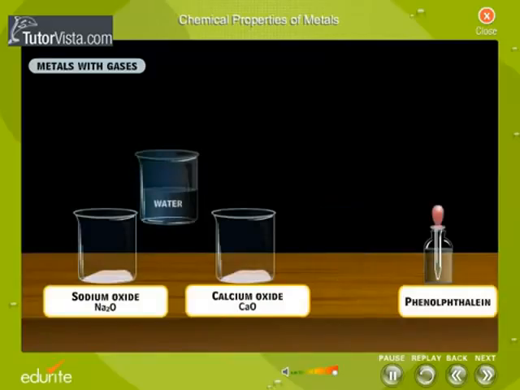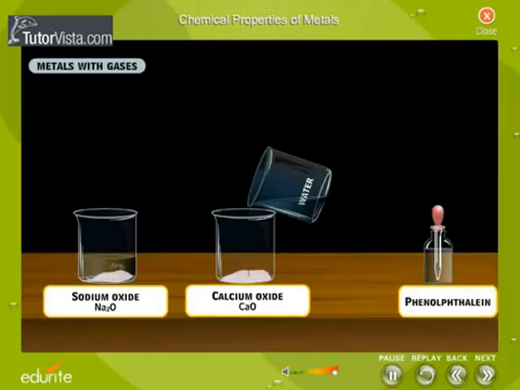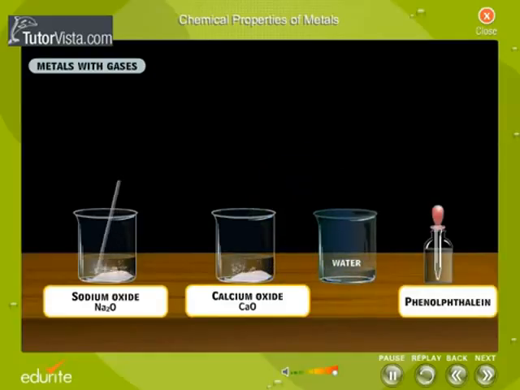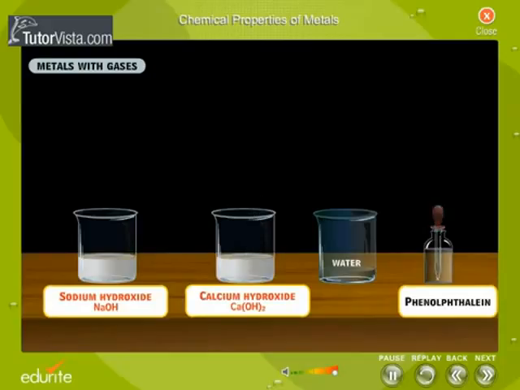When these oxides are added to water, they dissolve to form their hydroxides. Therefore, such oxides are classified as basic in nature. Colorless phenolphthalein turns pink in hydroxide solutions.